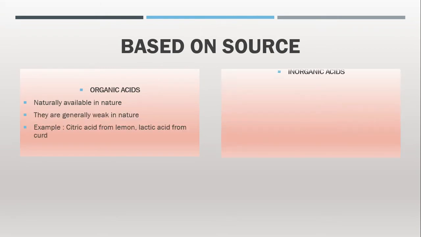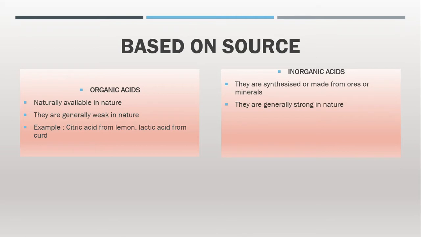Organic acids are naturally obtained in nature. That means any acid obtained from nature, either by a living or non-living organism, that we don't have to produce or manufacture, is an organic acid, and they are generally weak in nature.